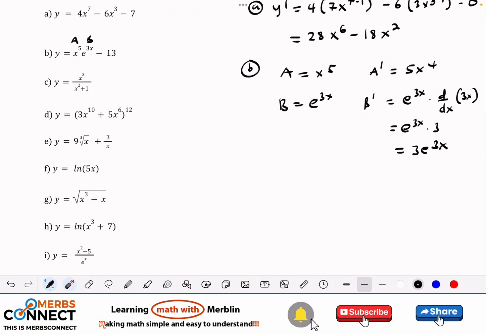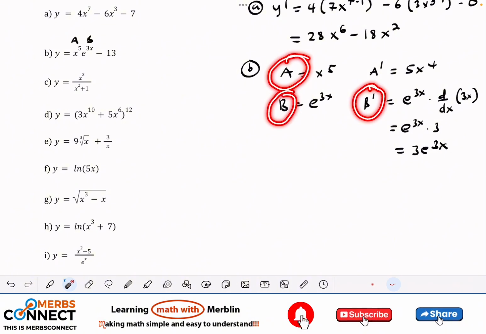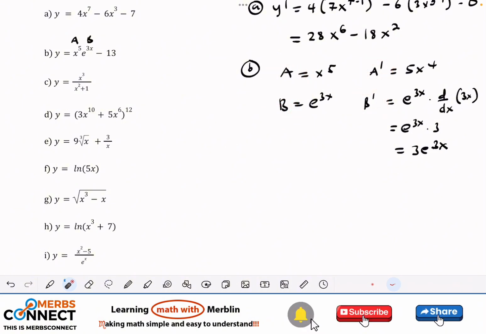Now from the product rule, we need to multiply a by b prime and b by a prime.